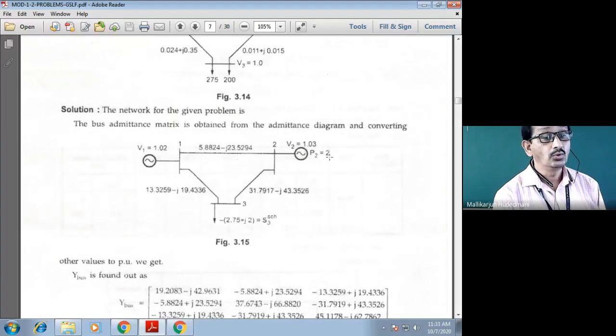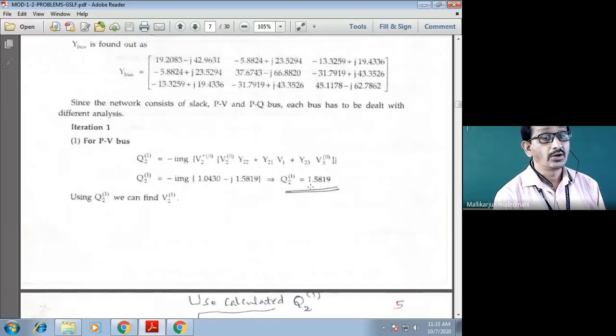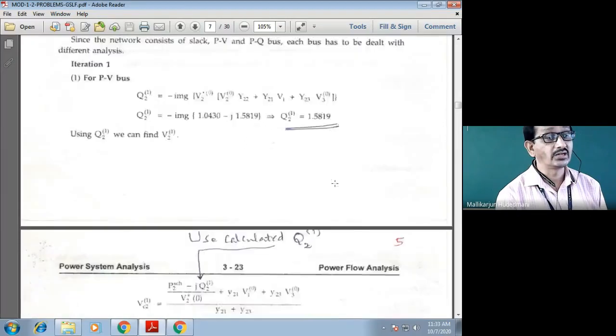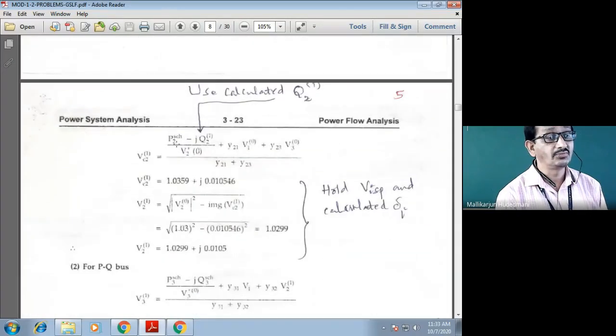2. 2 minus 1.5819 should be the position of the numerator over here, which I am pointing to with the mouse cursor. 2 minus 1.5819 divided by V20 conjugate, 1.04 conjugate, nothing but 1.04 only, plus the admittance, not the admittances from the Y bus, it is a simple element, plus the simple element Y21 into V1.